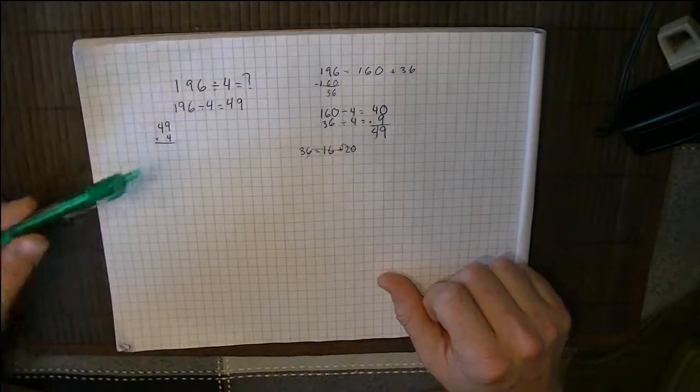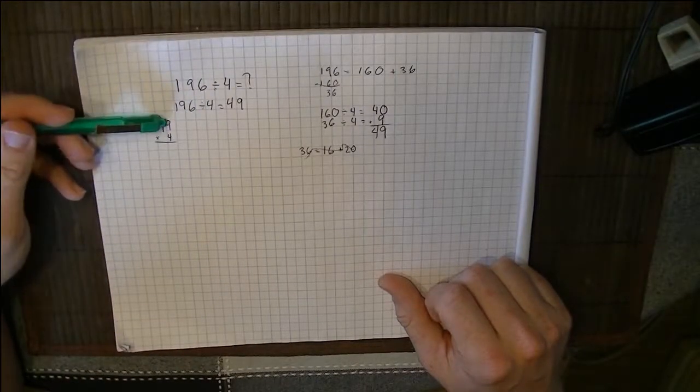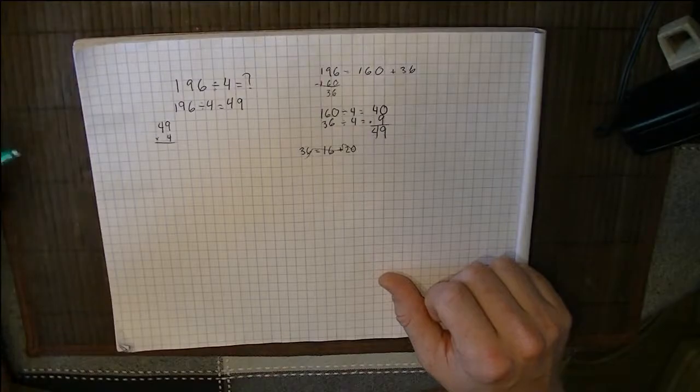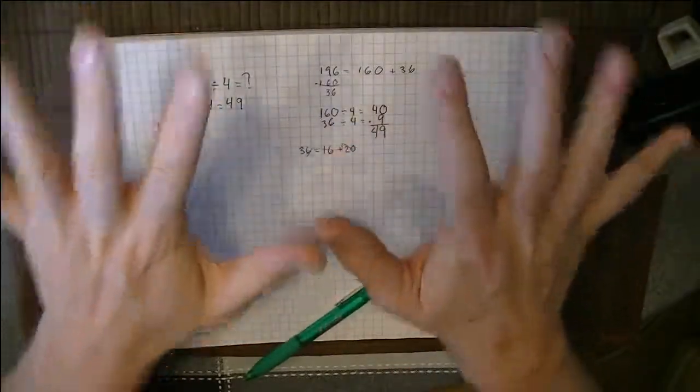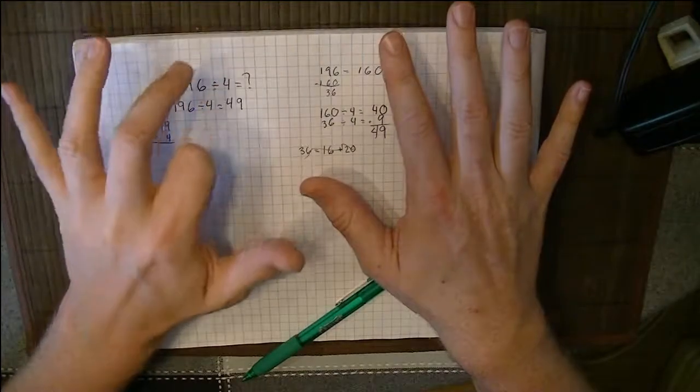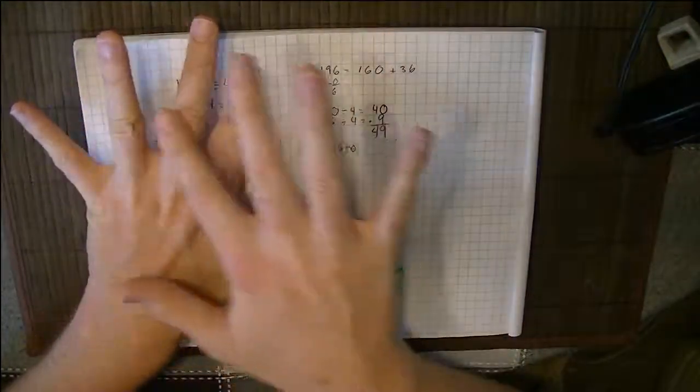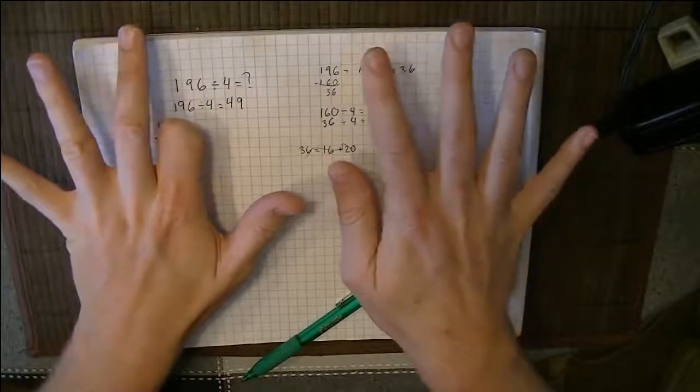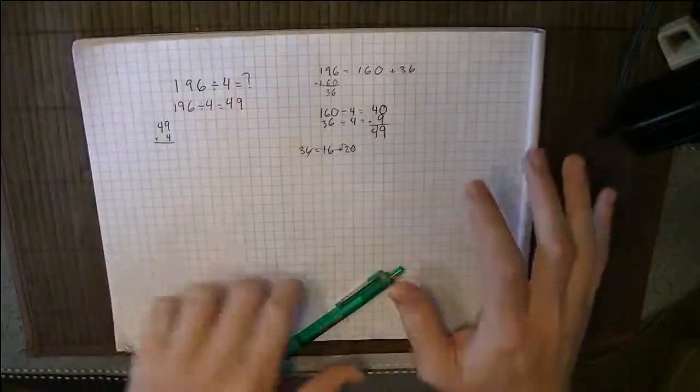But let's do this real quick. 4 times 9 is, oh, well, hold on, this is a nines thing, so I can use my nines trick. I can put down my fourth finger, and so it's 36. Okay, cool.